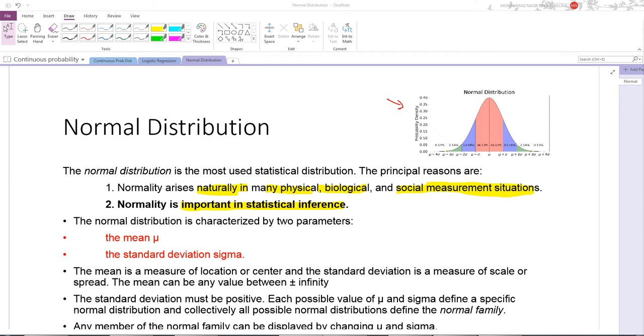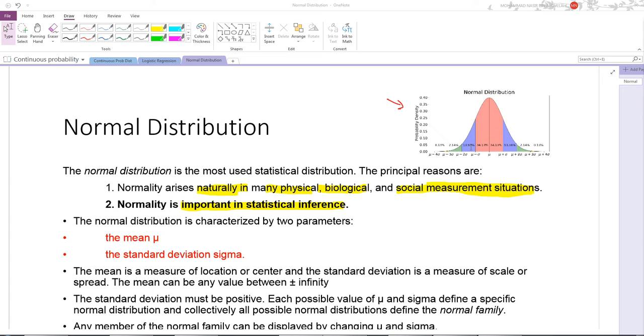So normality means that the data should look like a bell-shaped curve. We already learned in chapter number 2 how to identify a bell-shaped curve. A bell-shaped curve means that it's symmetrical from left to right, right?